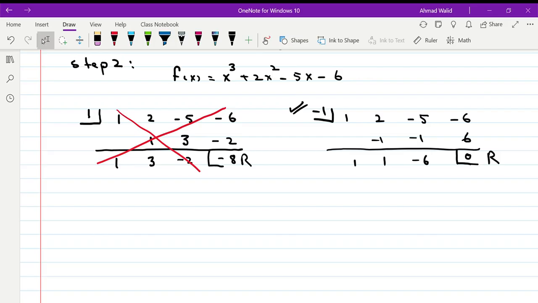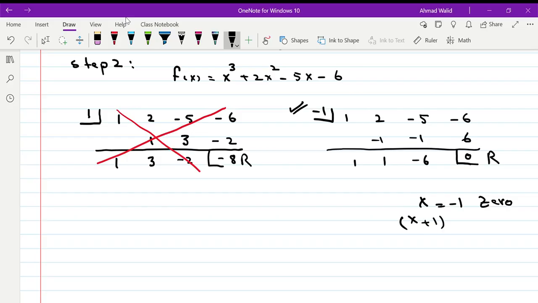I don't want to use synthetic division to find all of them. It's a lot to do. At least I know one of my zeros. When x is equal to negative 1, if this is a zero of my polynomial function, then my factor will be x plus 1. Agree?